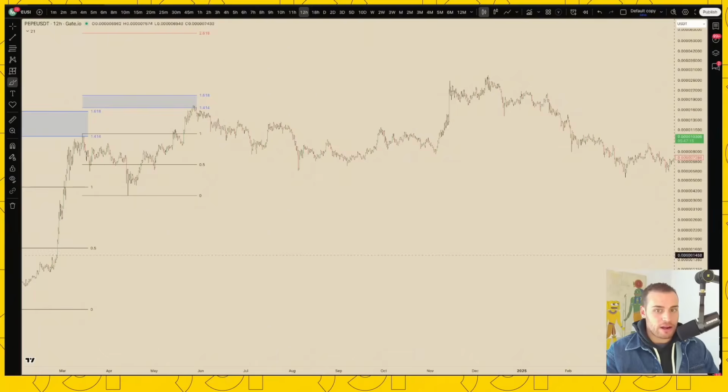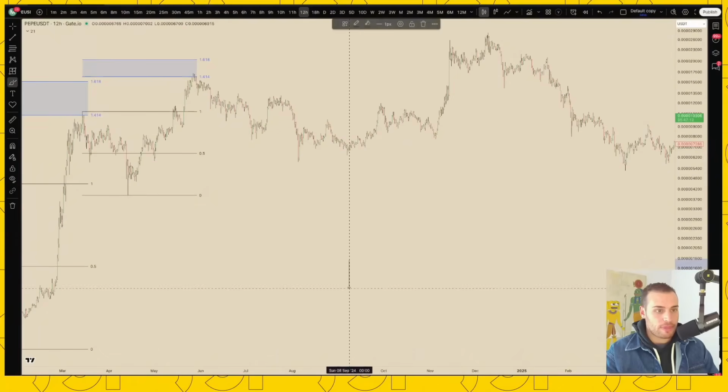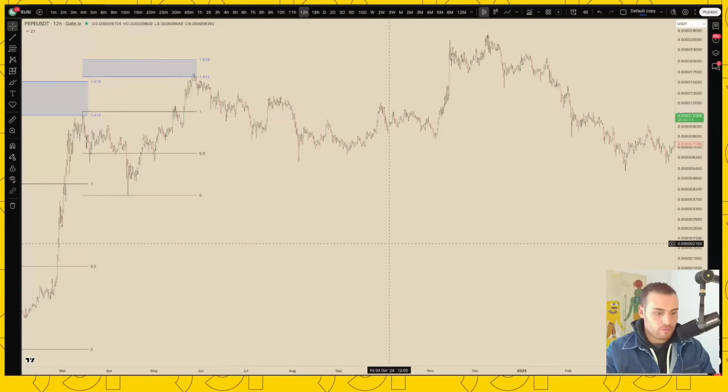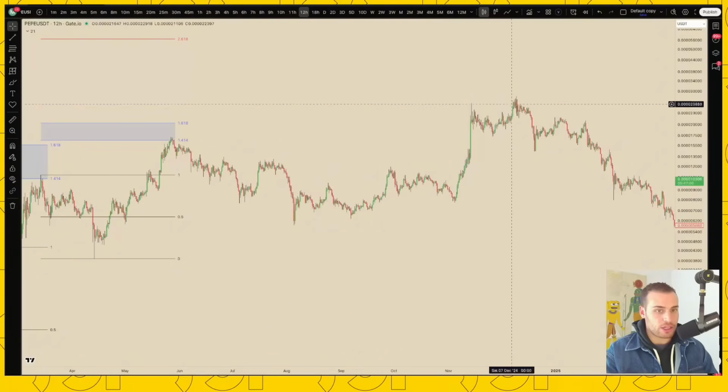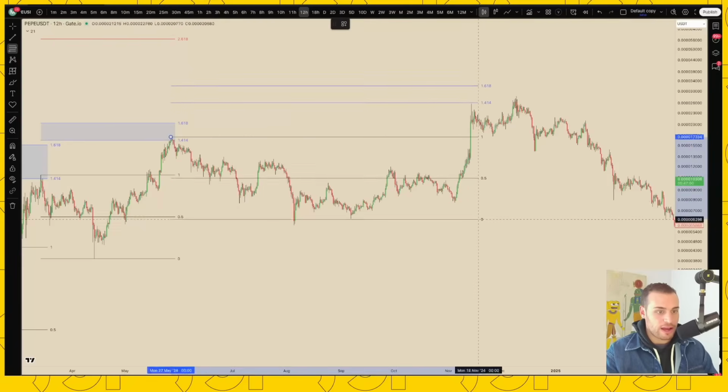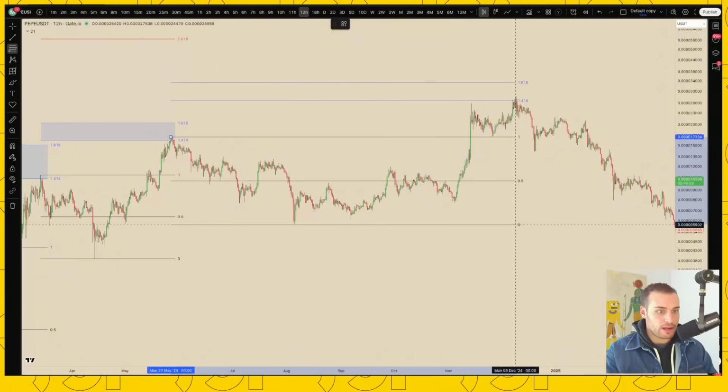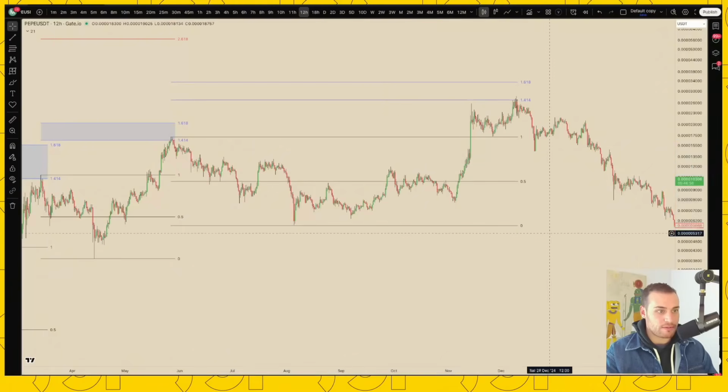So now looking at another fib set here, guys. We'll look at the most recent pump, right? This long reaccumulation into the Coinbase listing pump. And then, of course, ETH was pumping at that time as well. So we'll take this high down to the low, right? And look where we topped again, right?